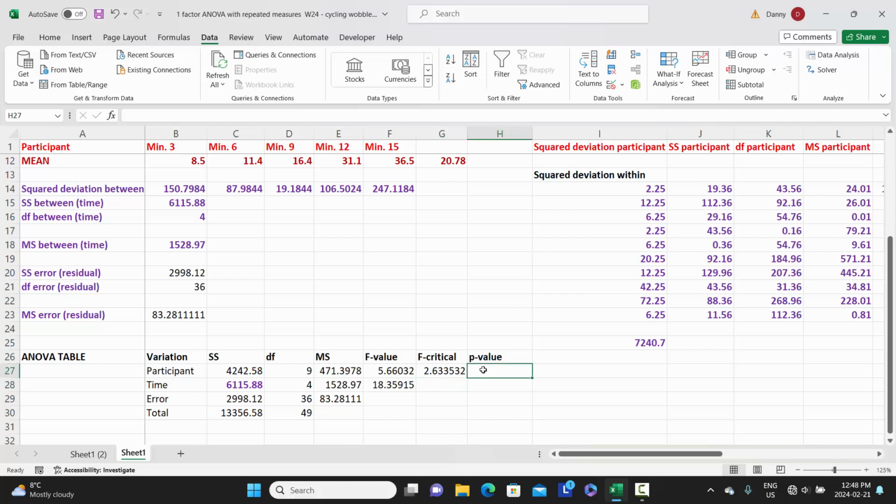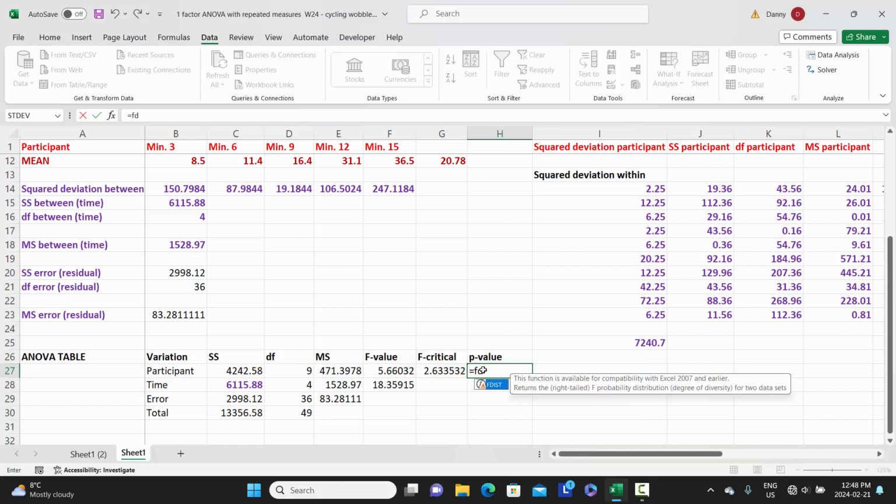So to calculate the actual p-value, or rather to ask Excel to do that, I'm going to type in the equal sign, and I'm going to type in the command FDIST for F distribution.